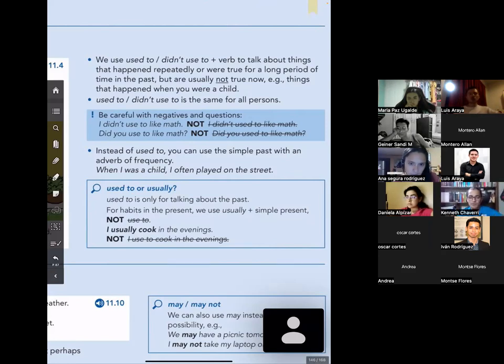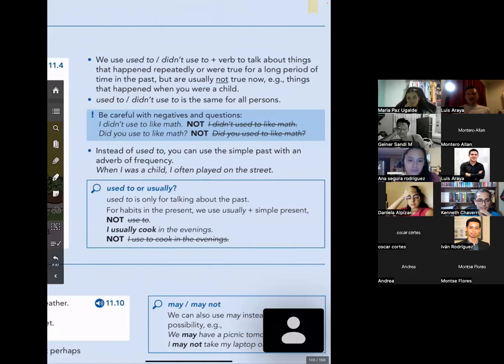I used to go to work by car because it means that you no longer do it. But if you're talking about an activity that you do every day or very frequently, don't use used to. Instead, use usually and the simple present. For example, Maripaz can say, I usually eat ice cream when I am in English classes. Do you see the difference now?